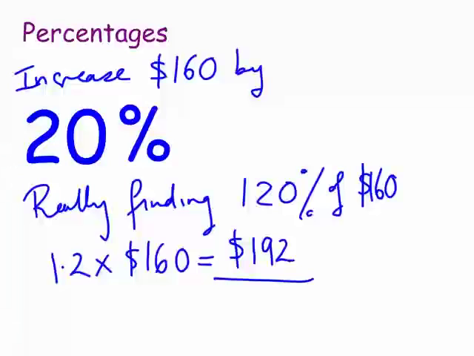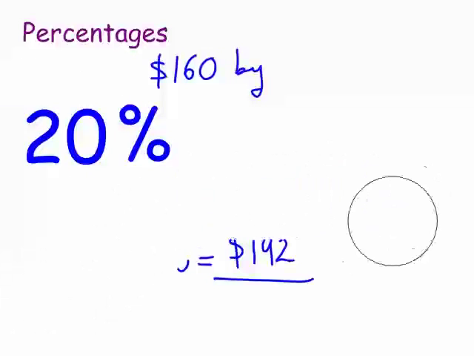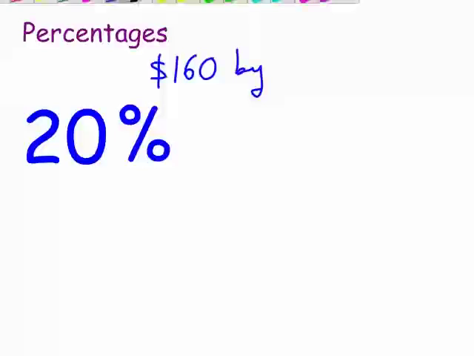Now let's suppose we are going to decrease it by 20%. So instead of increasing it by 20%, we want to decrease. I want to decrease $160 by 20%. What are we really doing? We're finding 20% and taking it off, so the amount is going to be smaller than $160. But what I like to think is, what is remaining?